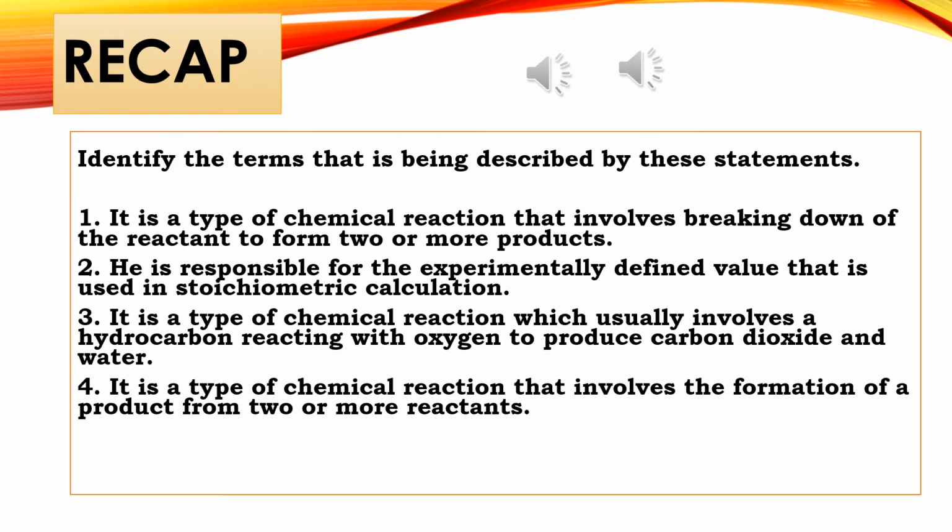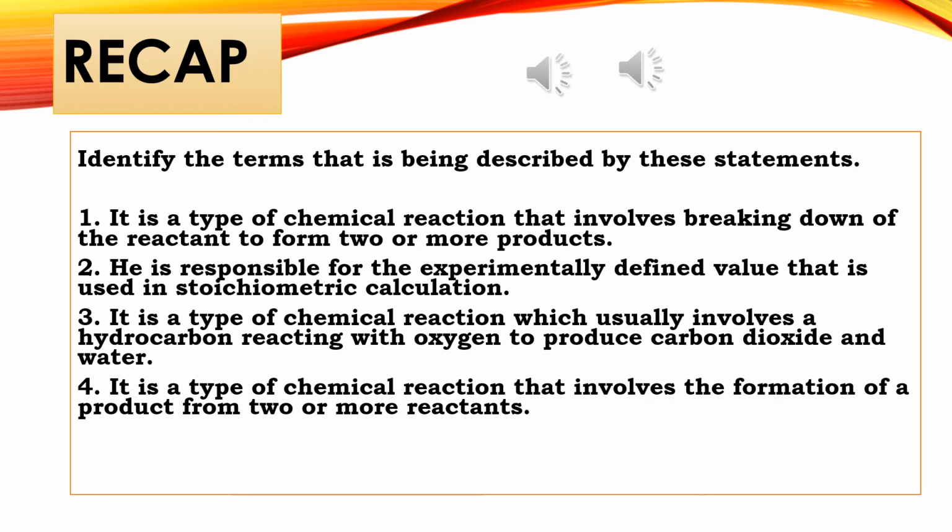But before the lesson proper, let us have a recap of what you have learned in your previous self-learning modules. You must identify the terms that are being described by these statements. Number 1. It is a type of chemical reaction that involves breaking down of the reactant to form two or more products. Number 2.